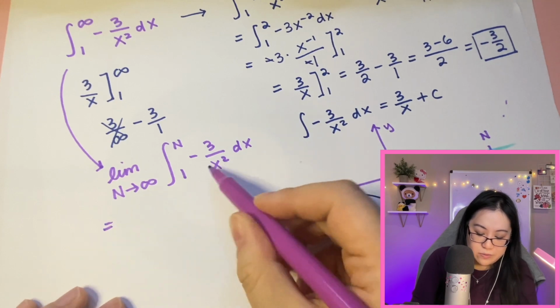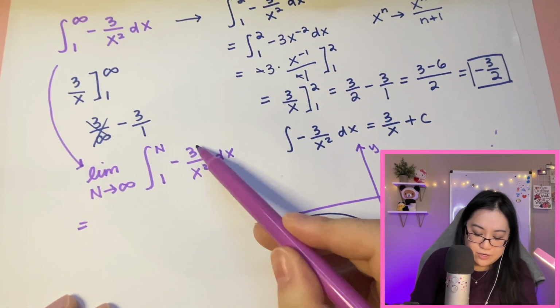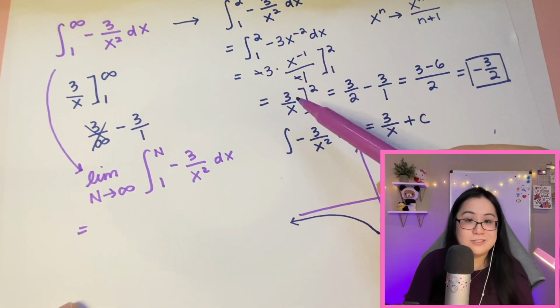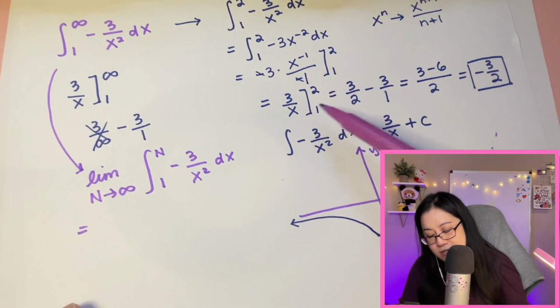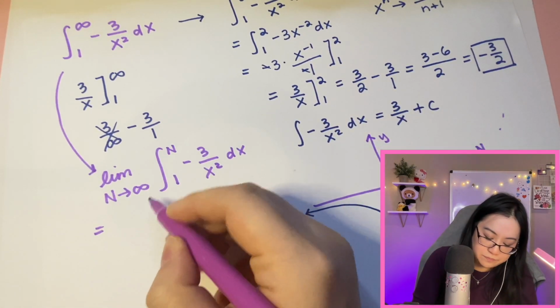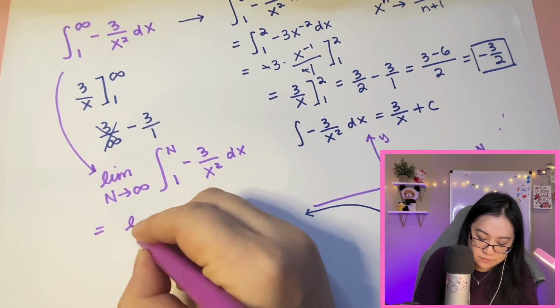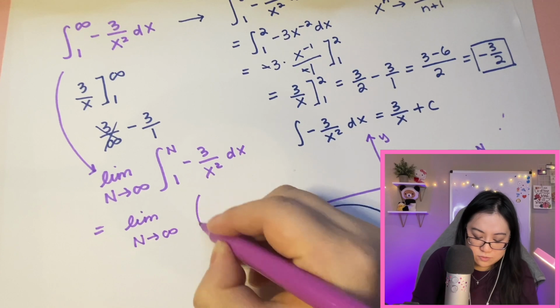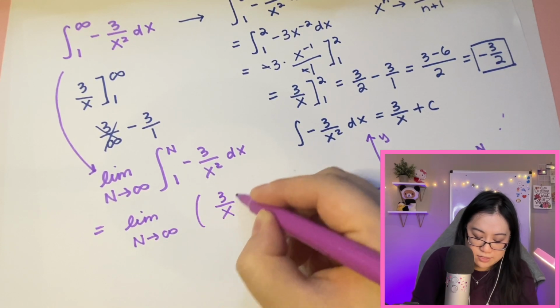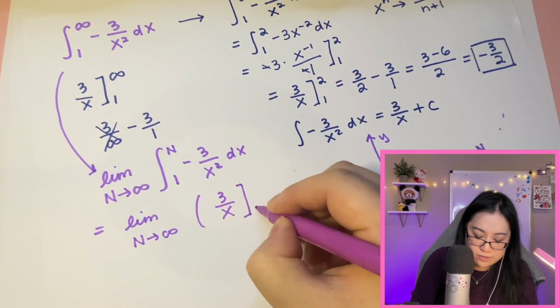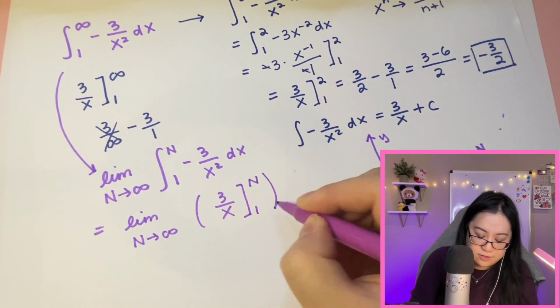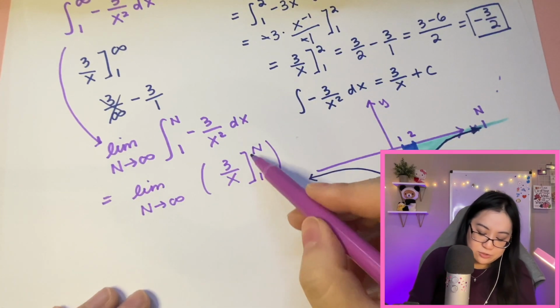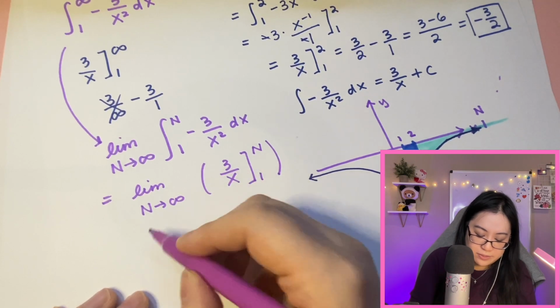So we already know that the antiderivative of negative 3 over x squared, just based on what we did earlier, is 3 over x. And so I'm just going to calculate that as usual. We have 3 over x from 1 to N, and then we'll do the limit later. So you plug in the upper bound and the lower bound.